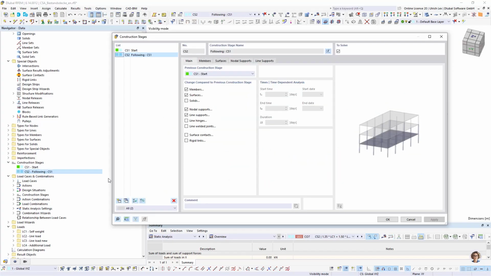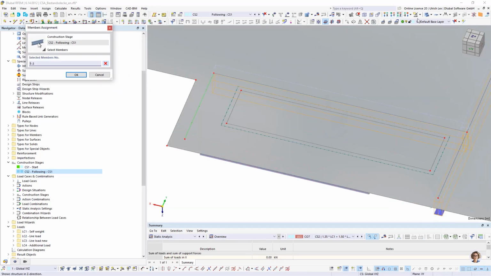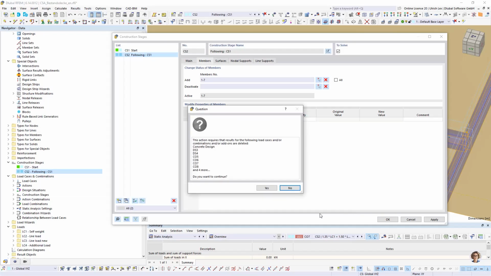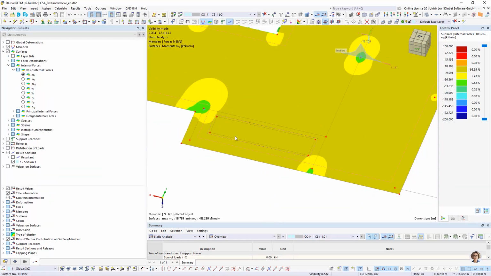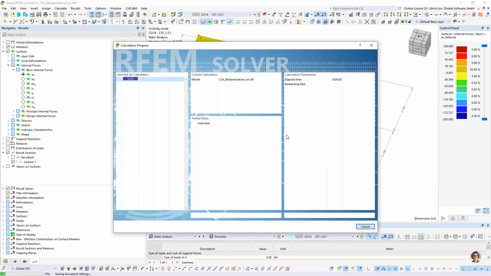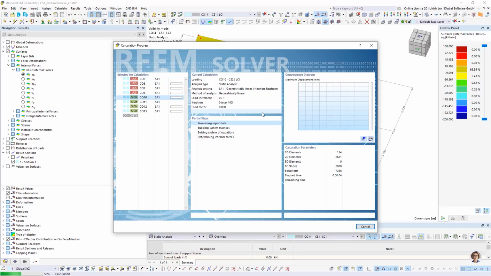So I want to do this afterwards. I have to modify my construction stage, and I have to add here my newly created members, my rebar members, and I have to add them in stage 2. So 1 to 4, okay. And now I can run the calculation again. It would be better to check it before.